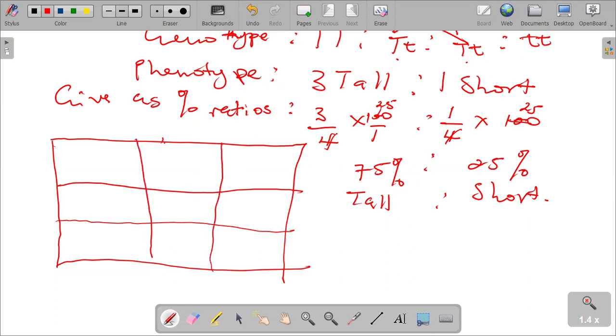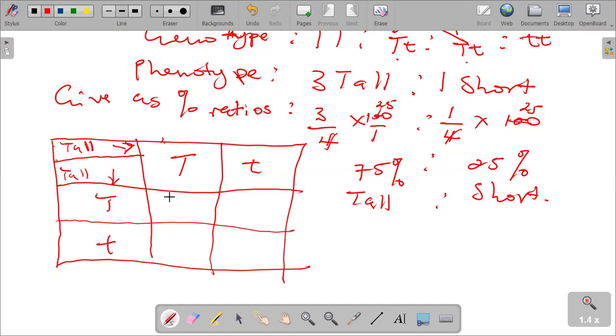We have our male parent 1 and our female parent 2, and the gametes on this side are from our tall plant, which is heterozygous, and also the gamete here from our tall plant, which is heterozygous as well.